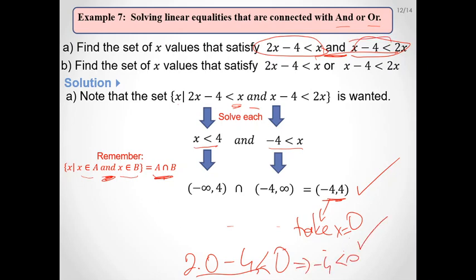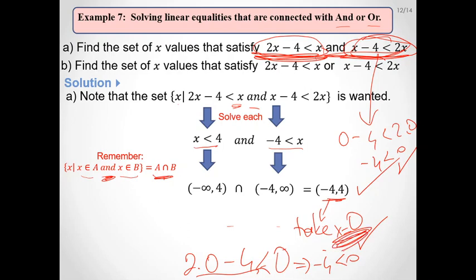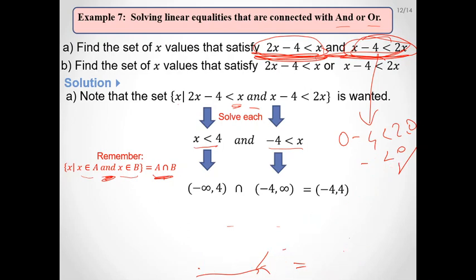Yes, this is true. And at the same time, when you put here 0 minus 4 less than 2 times 0, is it true? Yes. These two inequalities are satisfied by 0. So this is a correct set. Negative 4 to 4 is a correct set for the solution of this problem.